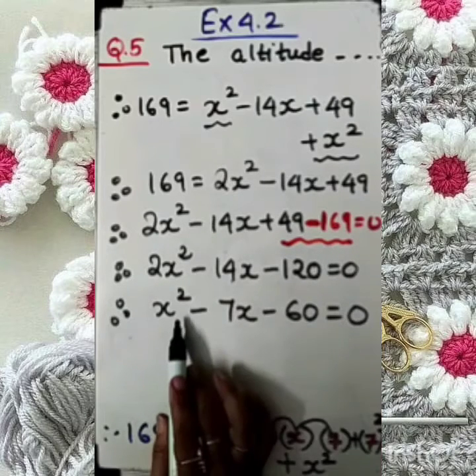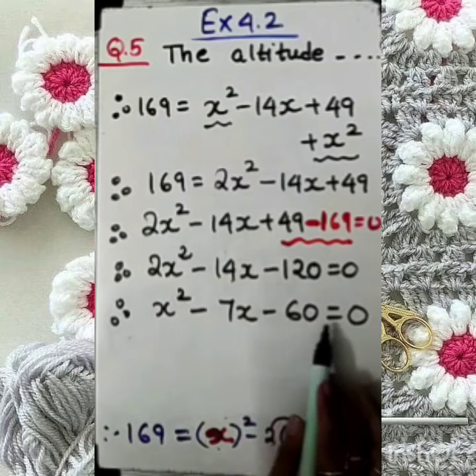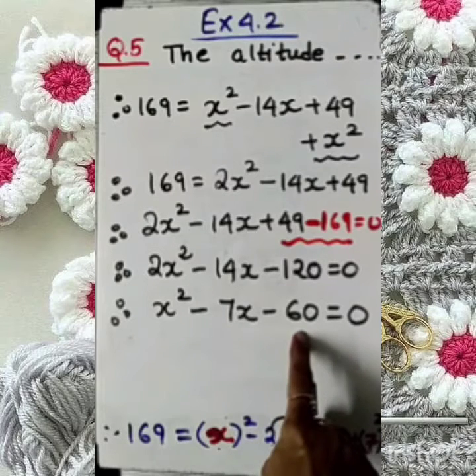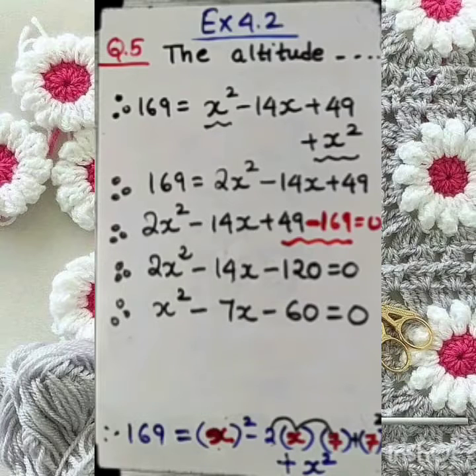Once again I am explaining. X square minus 7x minus 60 equal to 0. Now let's split this 60 in such a way that we have the middle term 7.